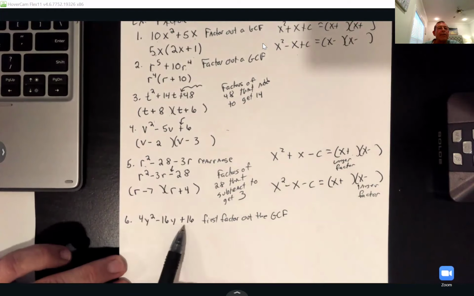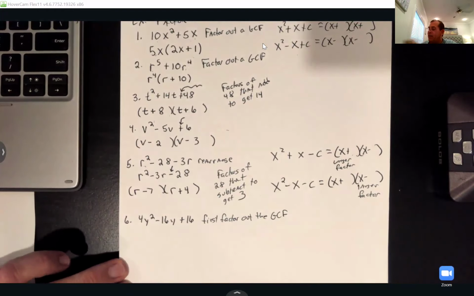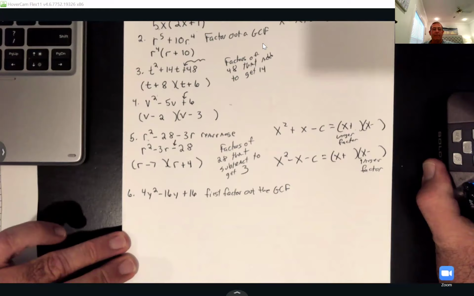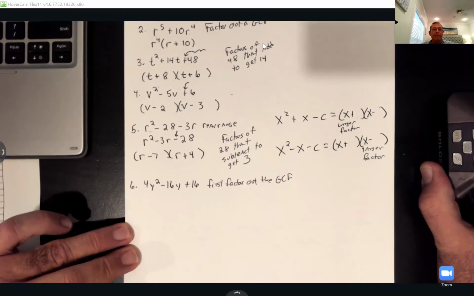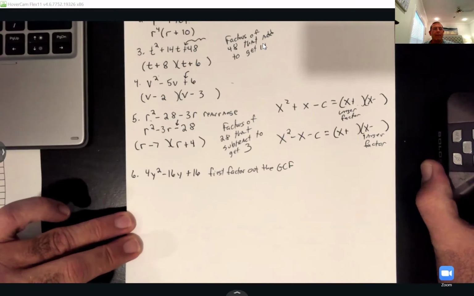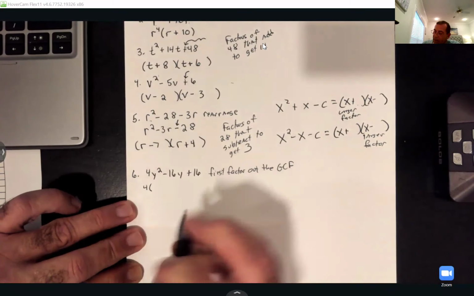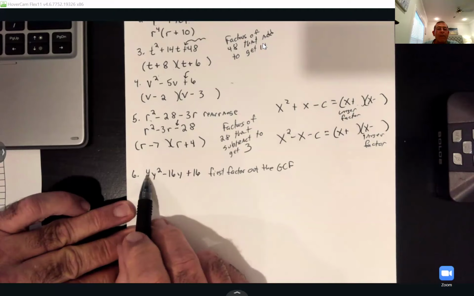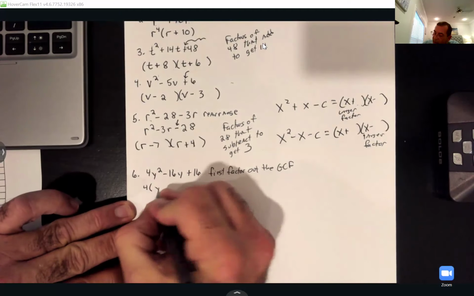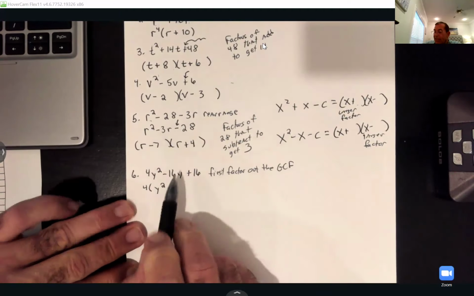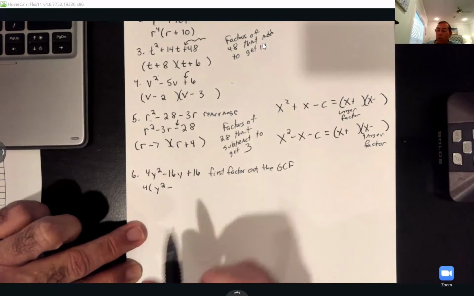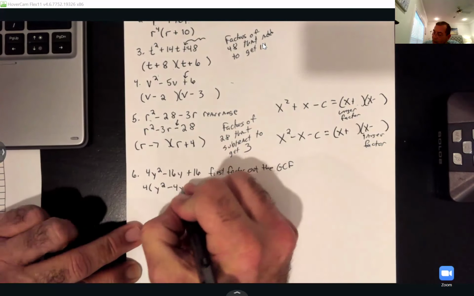So a 4, 16, and 4, what's their greatest common factor? So divide all by 4. There you go. So we're going to bring out our 4. 4 divided by 4 makes that a y squared. Minus 16 divided by 4 gives me a 4y.